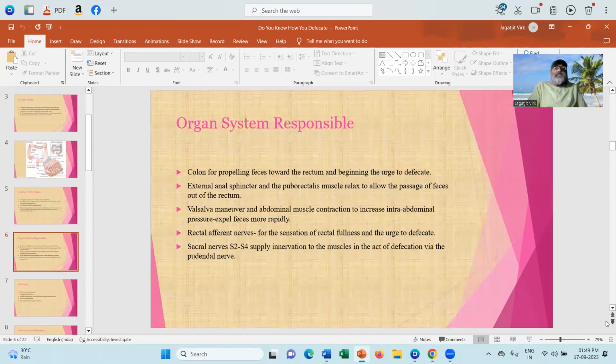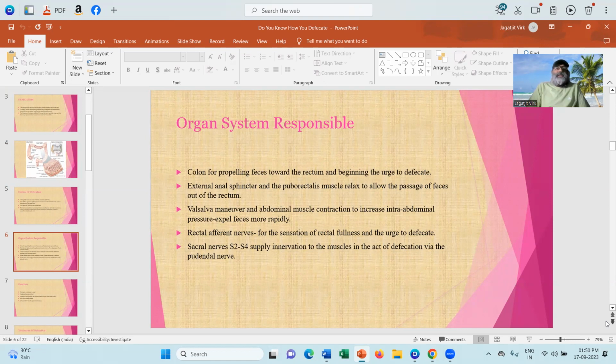Organ systems responsible for defecation. The colon propels feces toward the rectum and begins the urge to defecate. The external anal sphincter and the puborectalis muscle, which gives a kink to the colon, relax to allow the passage of feces out of the rectum.